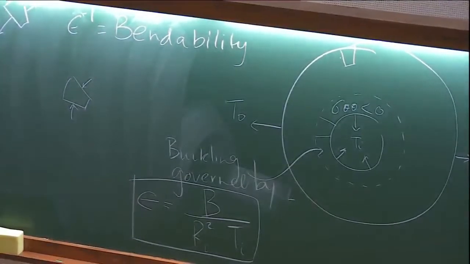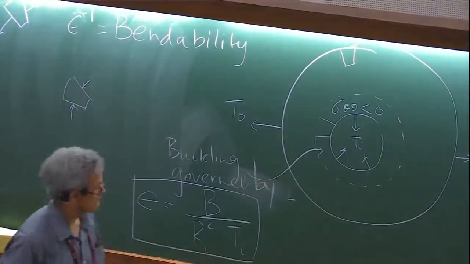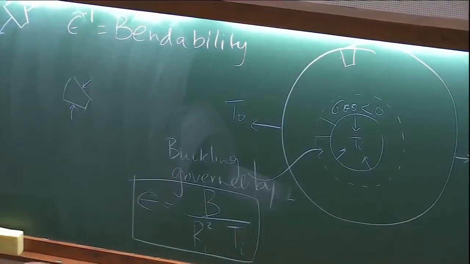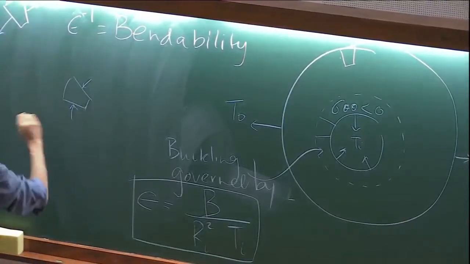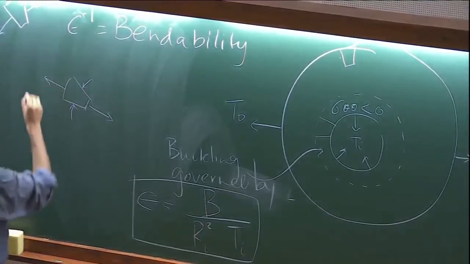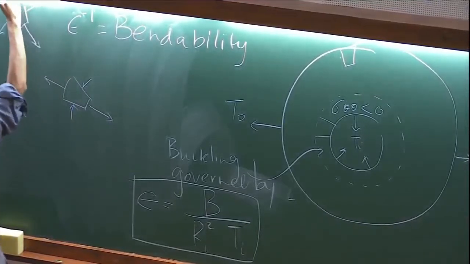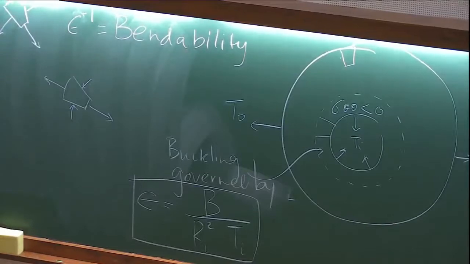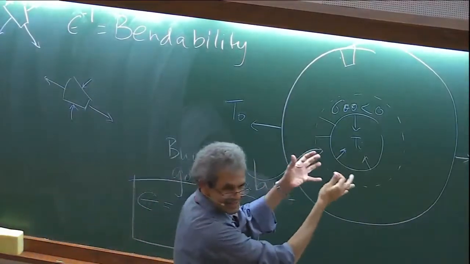Sigma theta theta is positive. This is under stretch. These things are under compression. And everywhere, because of the boundary conditions, you're under tension in this direction. There's too much material inside this dashed line.